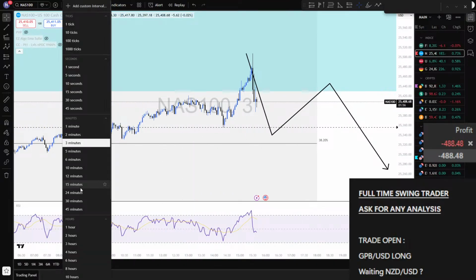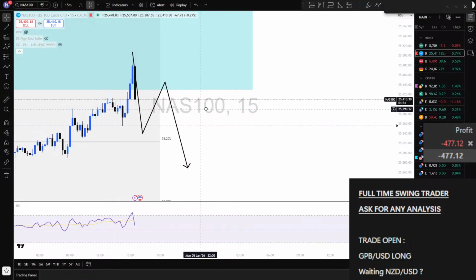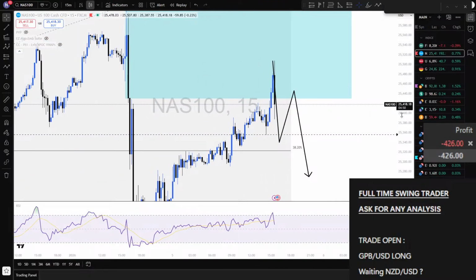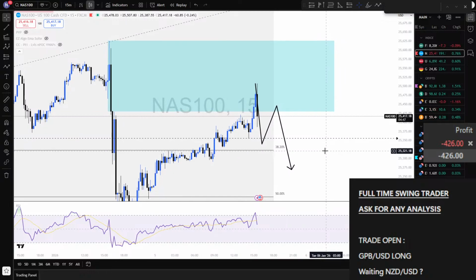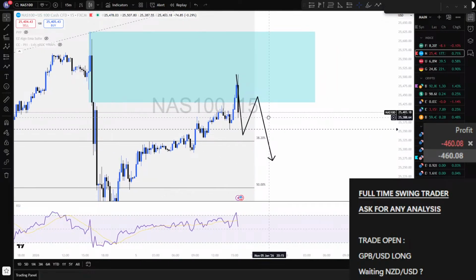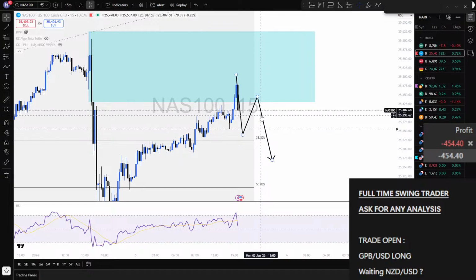Okay, anyway, I have my alarm set. But at least you know the plan with Nasdaq. Don't hesitate if you want me to analyze something else.